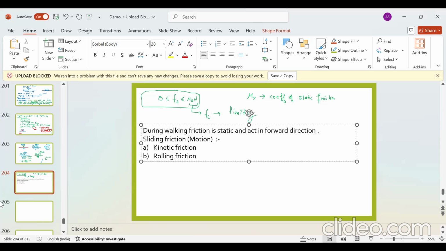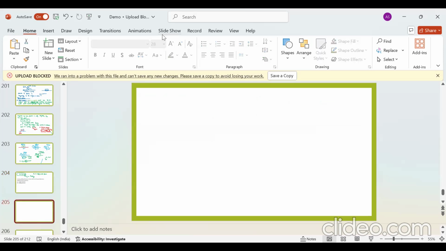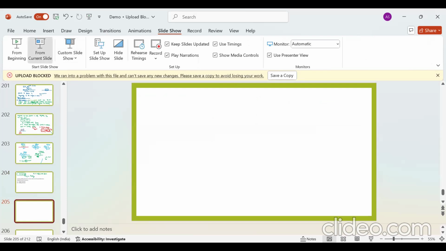So you can write also. Write down about sliding friction, one more friction like kinetic friction. Kinetic friction. Clear? Write down.